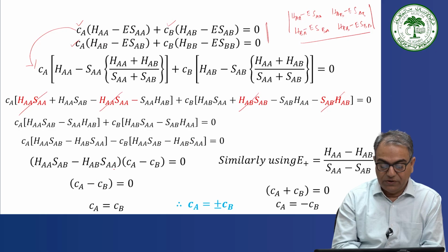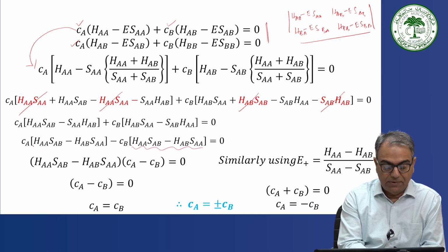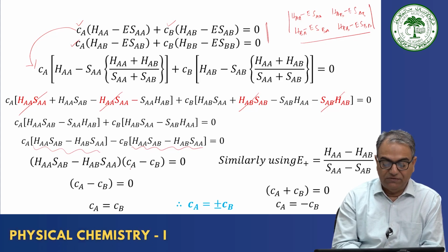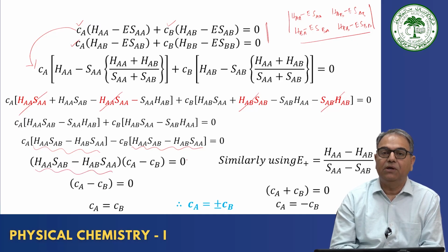Okay. So what you can write? HaSab and HaSab, Hab Sa, Hab Sa. So this term and this term is equal. Okay. So this you can take common, and then you have Ca minus Cb. Okay. So a common term is this one, and Ca minus Cb is equal to 0.